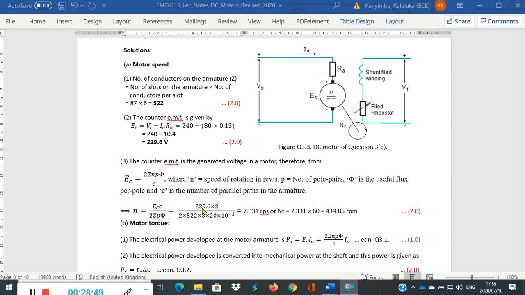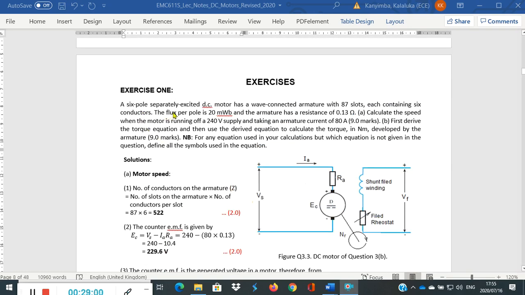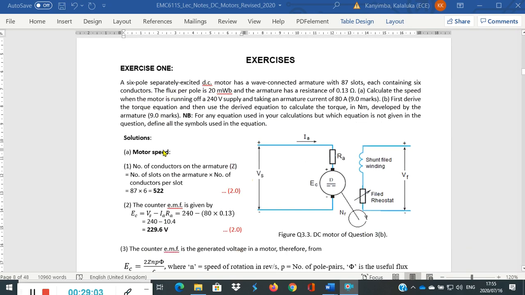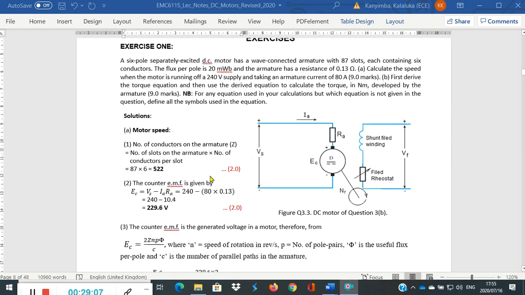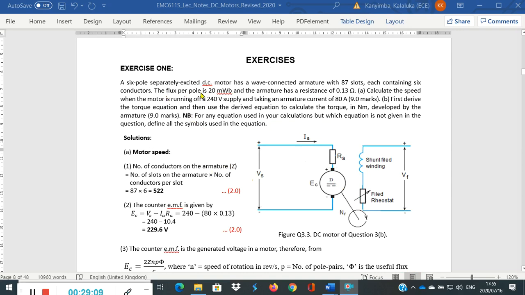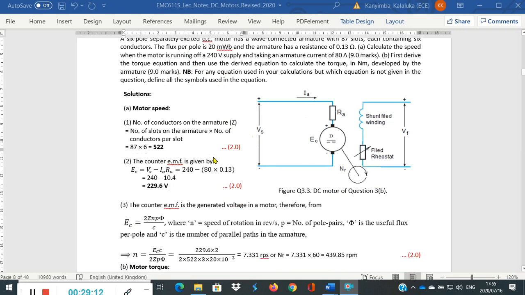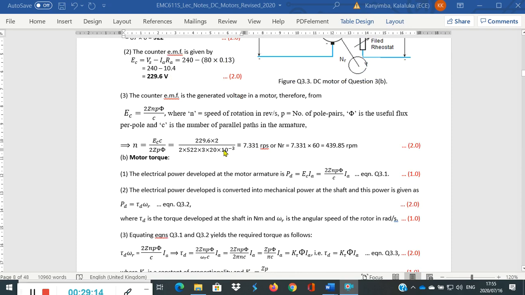So that is 229.6 times 2 divided by 2 times 522, the number of conductors, times the number of poles, which was given as 6, a 6-pole separately excited DC motor. So P is 3. The flux per pole is 20 milliwebers. That will give us the speed in revolutions per second, 7.331 RPS.